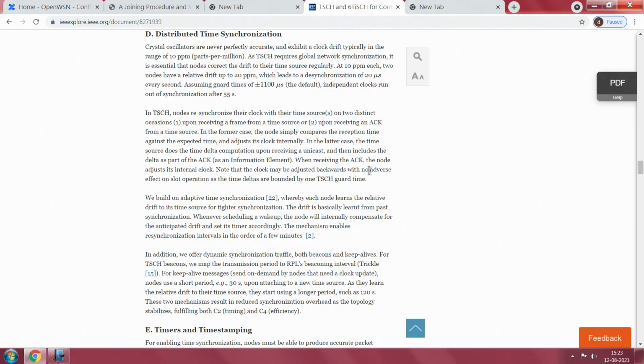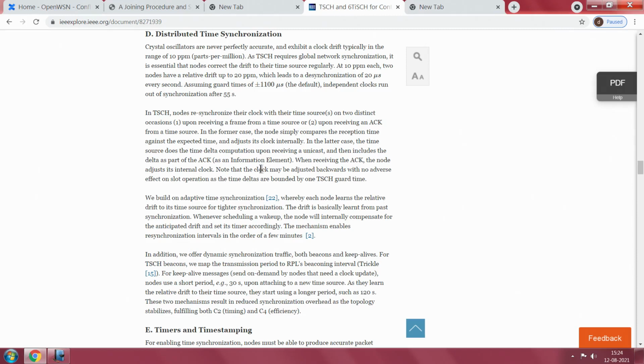The time source does the time delta computation upon receiving a unicast, and then includes the delta as part of the ACK. So, whenever you are passing the ACK packets and so on, do look at the ways by which you want to resynchronize the clocks. So, do read this paragraph, which is interesting.